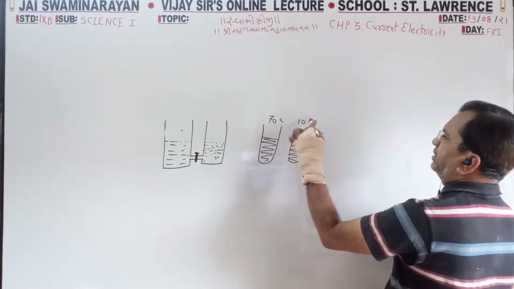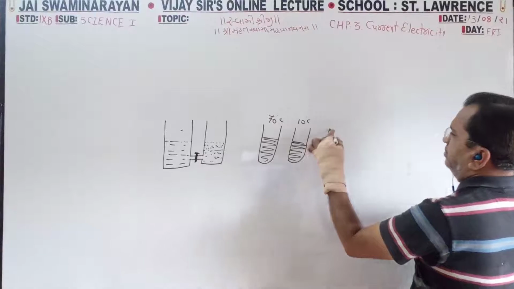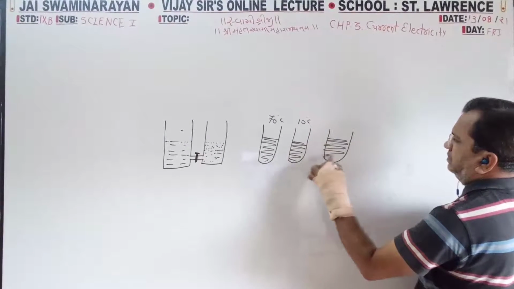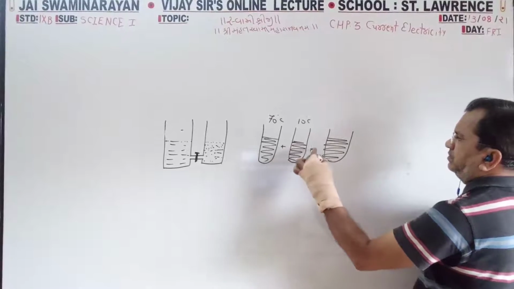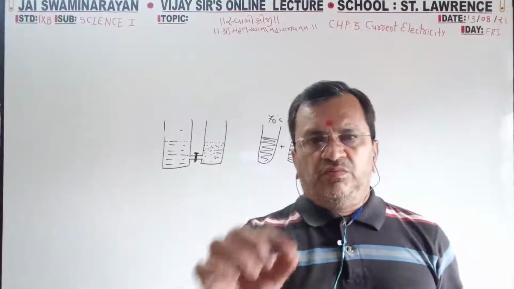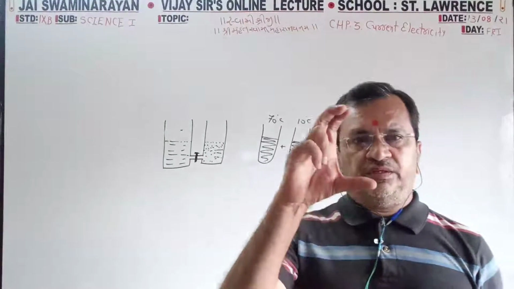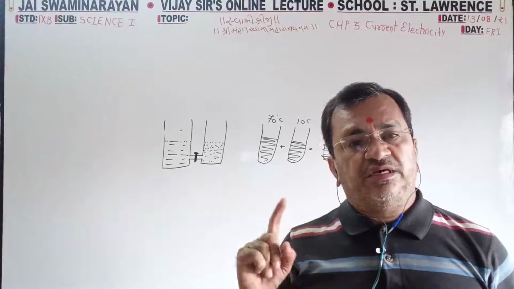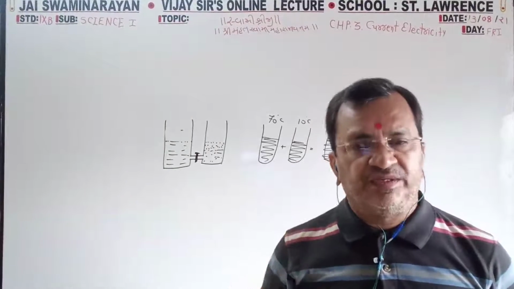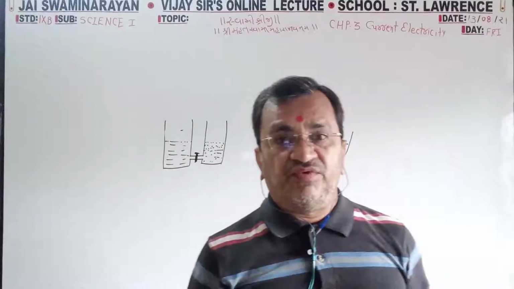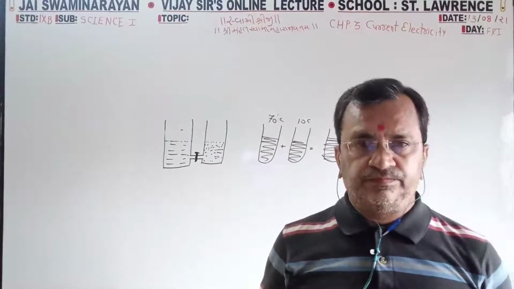This is 10 degree. Both are water, in one beaker and in another. In one, the temperature of the water is 70 degree. In the second, the temperature of the water is 10 degree. One is cool, one is hot.